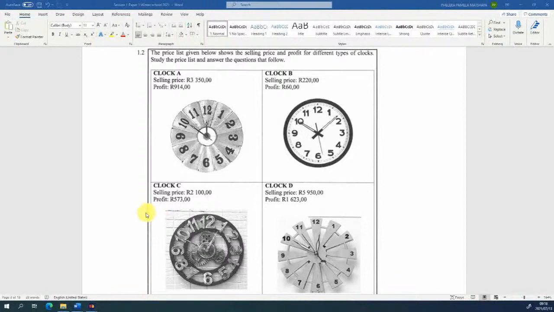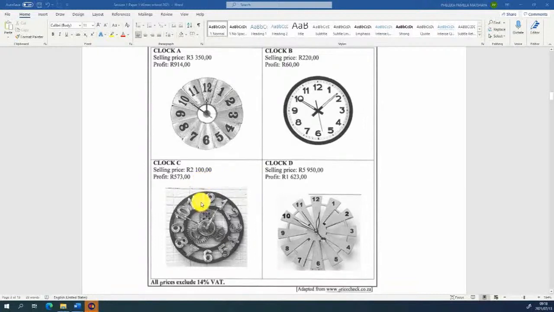The selling price is the price that the entrepreneur, the business person, sold it for: 3,350 rand for clock A, and the profit that clock A made was 914 rand. Okay, clock B, selling price 220 rand, and the profit made on selling this clock at 220 rand was 60 rand.